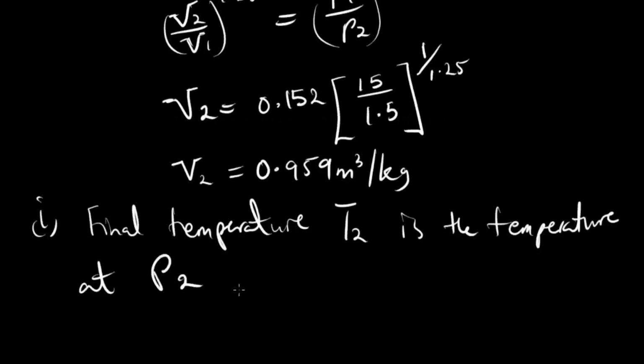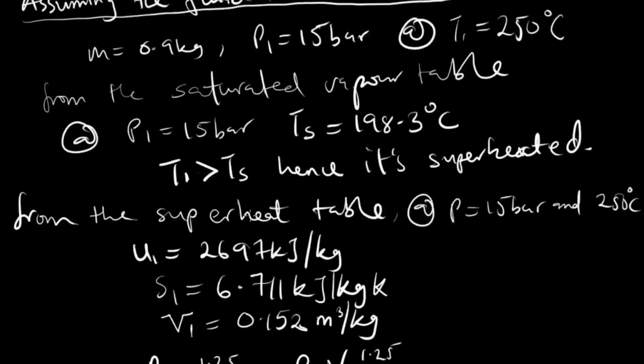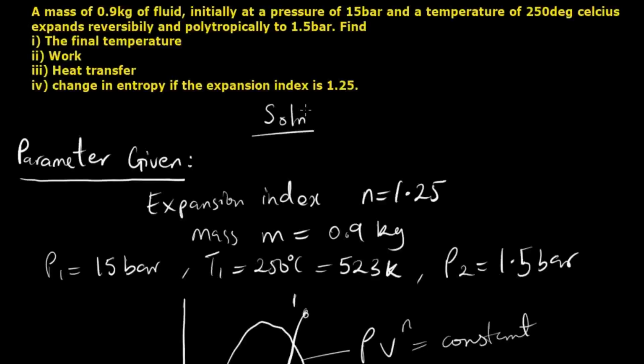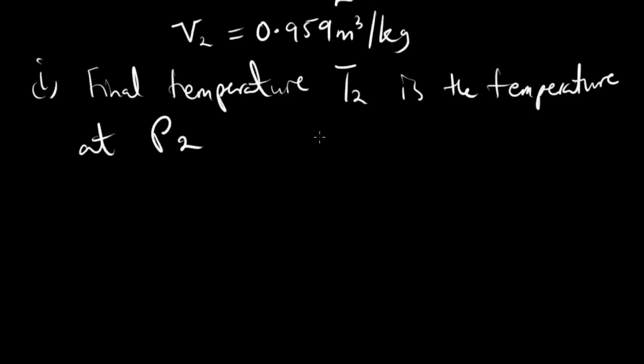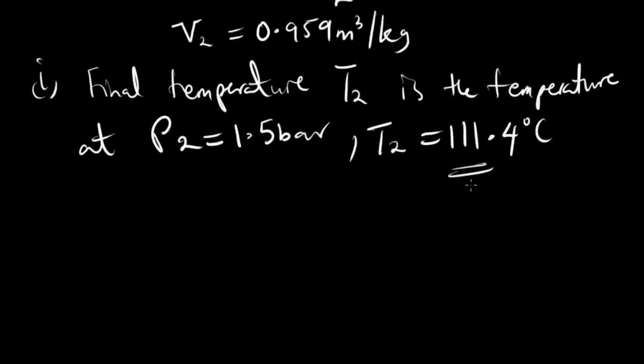What is P2? Okay, what was our P2? P2 is 1.5 bar, not 15. So the final temperature is the temperature T2 at P2. So from the saturated table, if you go there, go to 1.5, you find the corresponding temperature. You will see 111.4 degrees C, and that is the final temperature.